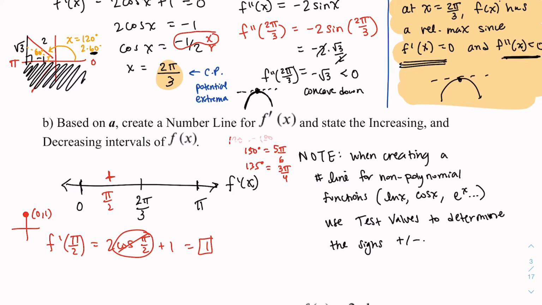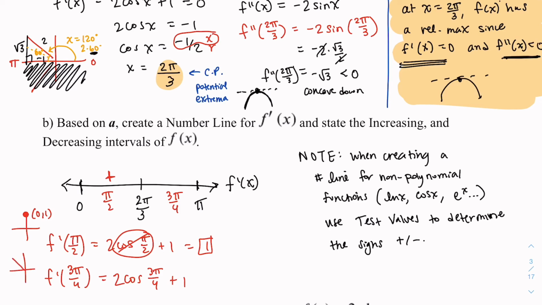I'll go ahead with 135. So f prime of 3 pi over 4, which is again 135 degrees, so it's between 120 and 180, is 2 cosine of 3 pi over 4 plus 1.